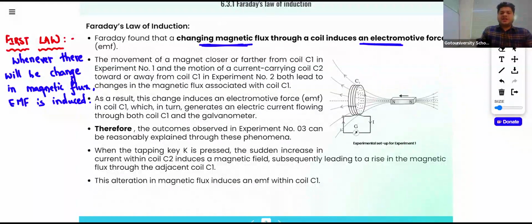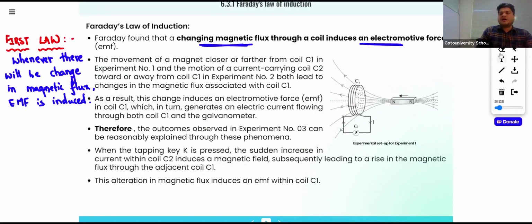Whenever there will be change in magnetic flux, EMF will be induced. Okay? Yes, whenever there is change in magnetic flux, EMF will be induced. Once more. Whenever there is change in magnetic flux, EMF will be induced.